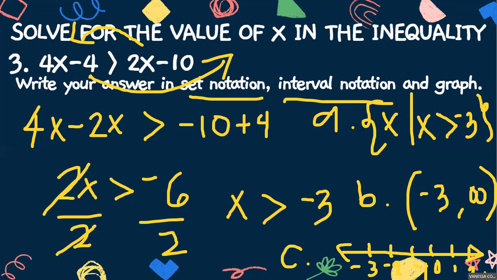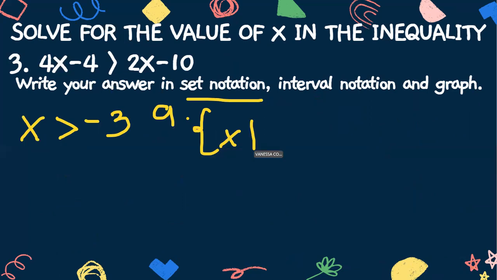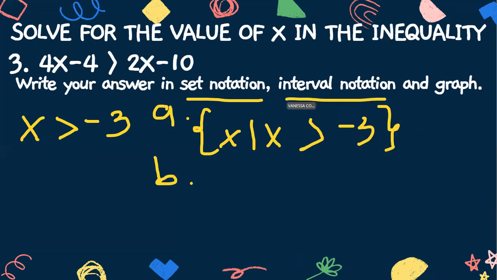Okay, the value of our x is greater than negative 3. Its set notation is x such that x is greater than negative 3. And letter B, our interval notation, has parentheses, meaning negative 3 is not included. Negative 3 and infinity.